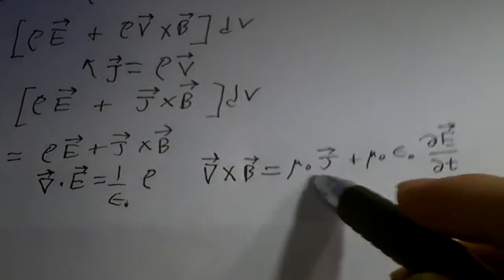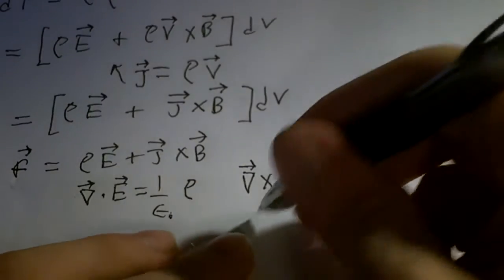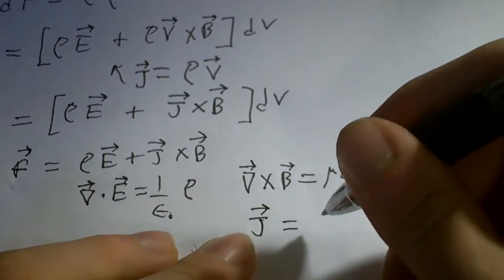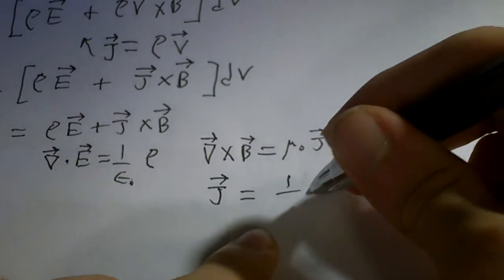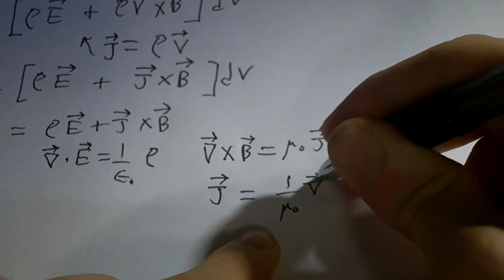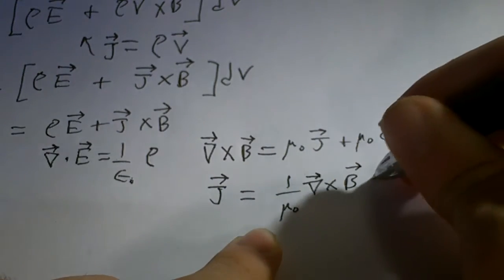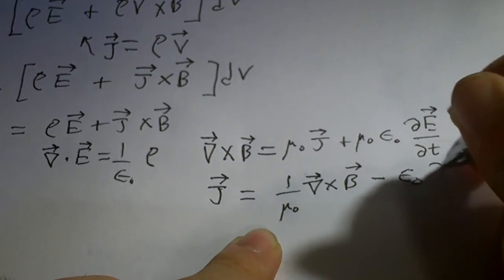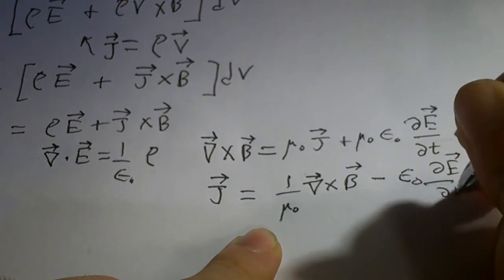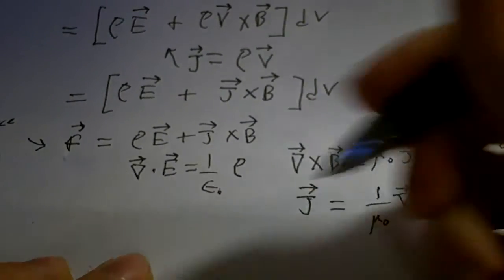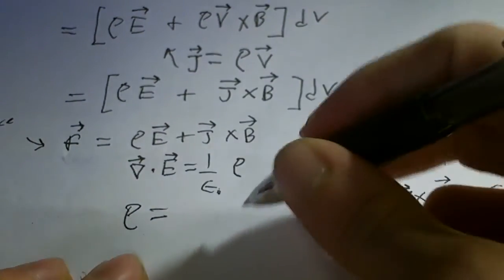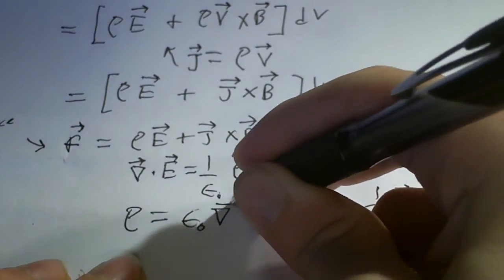So, solving for J, we get J equals 1 over mu naught, curl of B, minus epsilon sub naught dE dt. Similarly for the charge density, we get rho is epsilon sub naught times the divergence of the electric field.